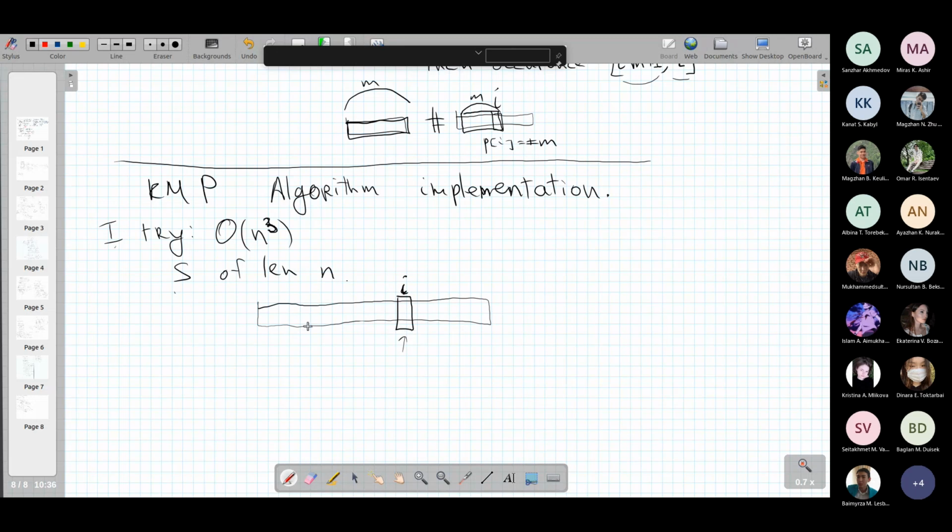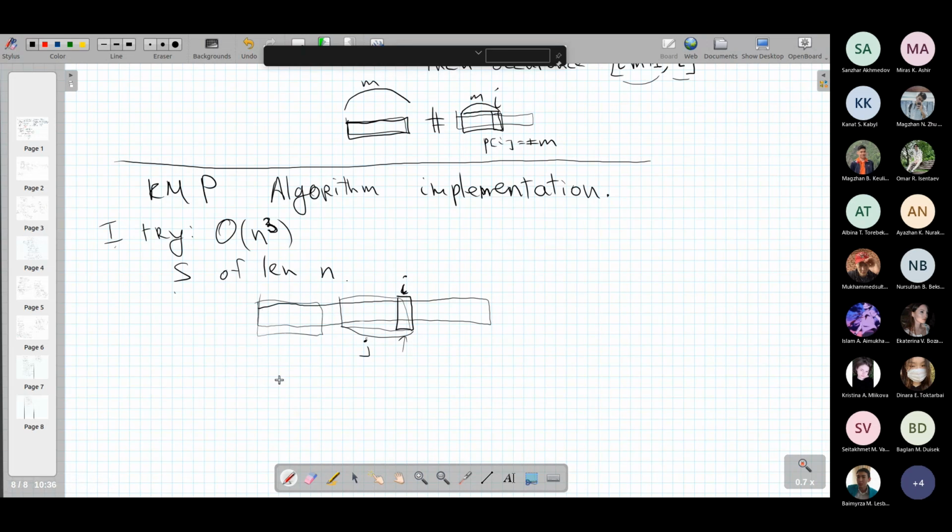So I'm just iterating over the answer length, and then I'm comparing this string to this string.